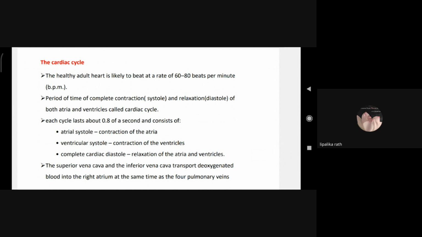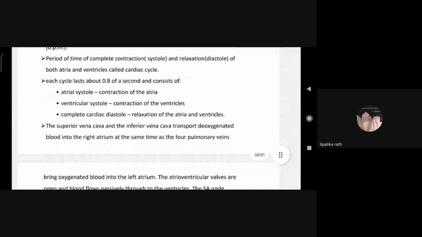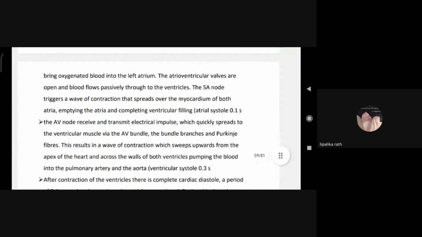Now, the superior vena cava and the inferior vena cava transport deoxygenated blood into right atrium and at the same time the four pulmonary veins bring oxygenated blood into left atrium. Okay, so all the things are happening parallelly.